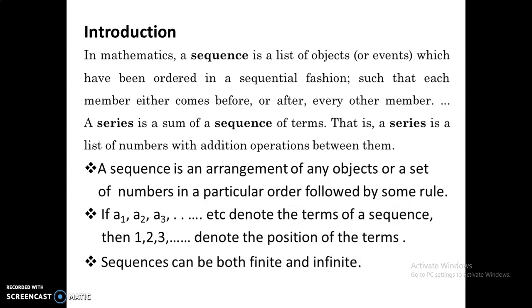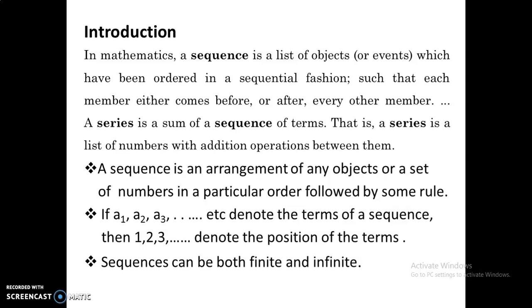But a series can be defined as the sum of the terms of that sequence. That is, a series is a list of numbers with the addition operations between them.